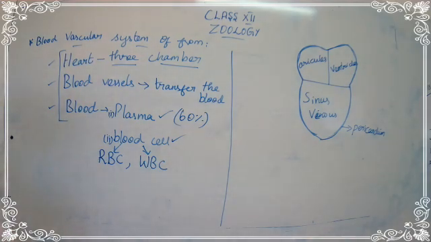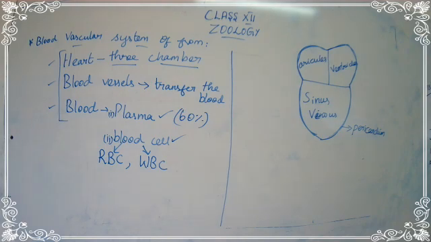Okay, so I will recap the overall points. The blood vascular system of a frog consists of three parts. What are they? Heart, blood vessels, and the blood. Okay, and the heart consists of three chambers. How many chambers? Three chambers, and the names of these three chambers are auricles, ventricles, and sinus venosus.